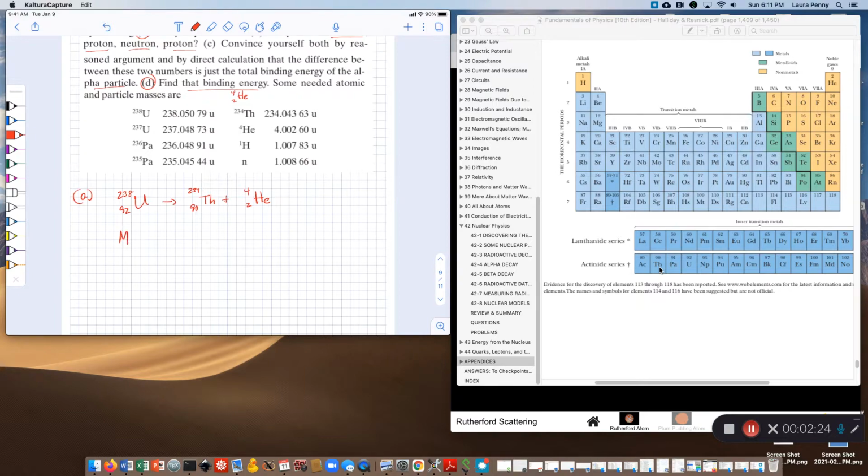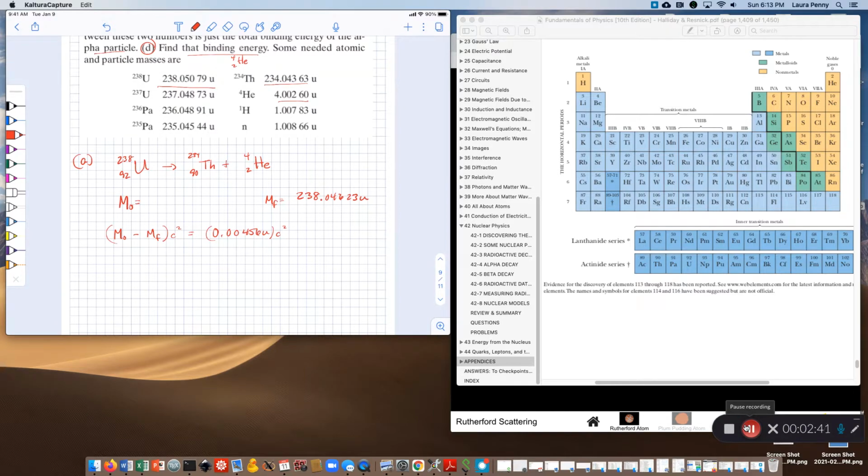So our initial mass is just the mass of the uranium-238. The final mass afterwards is the thorium mass plus the helium mass. If I add those two masses together, I get this.